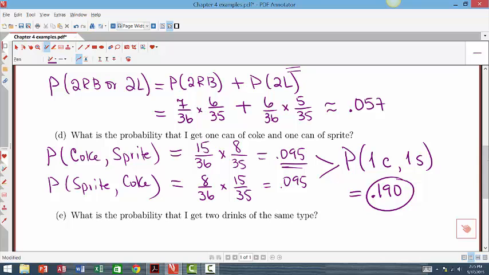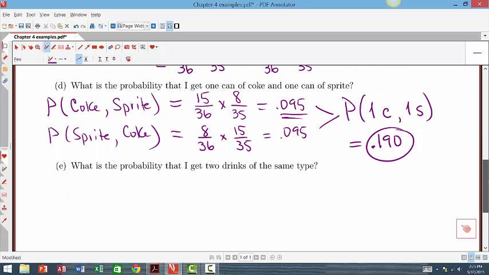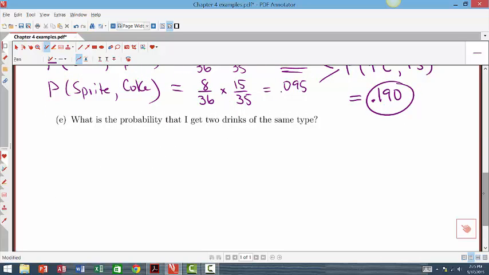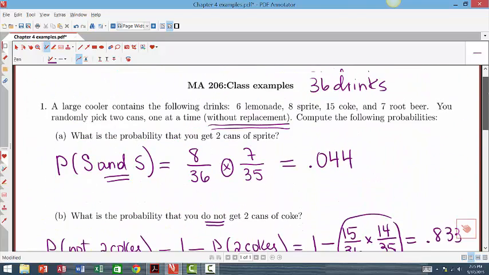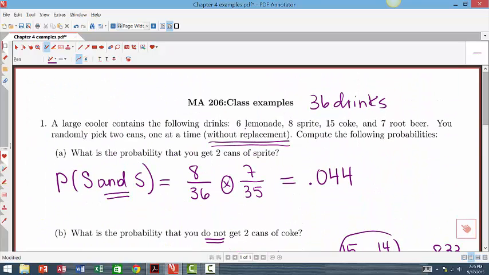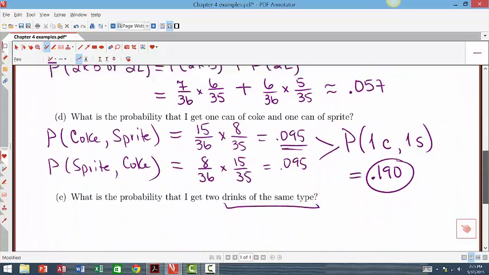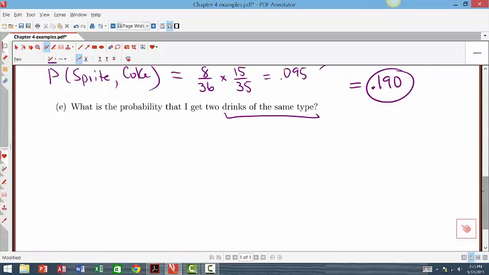Okay, let's see. The last part here, what is it asking us to do? What is the probability that I get 2 drinks of the same type? Okay, what does that mean? So that means we would like to get either 2 lemonade, 2 Sprite, 2 Coke, or 2 root beer. Alright, so this one is really just combining all those 4 events.